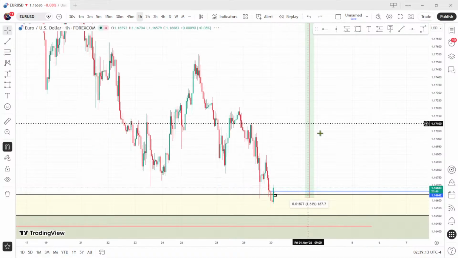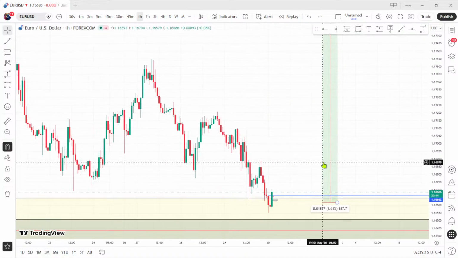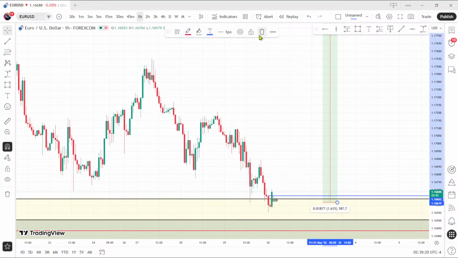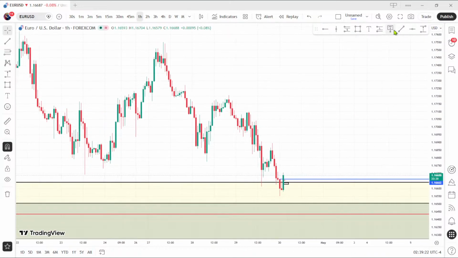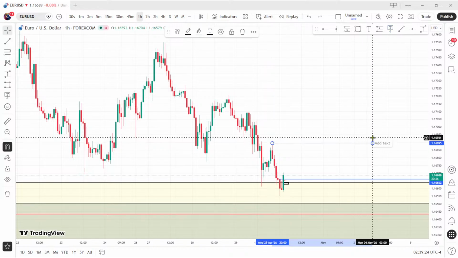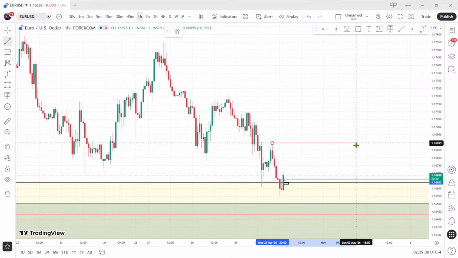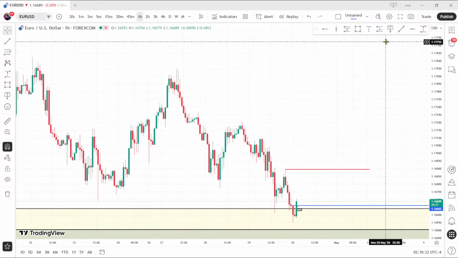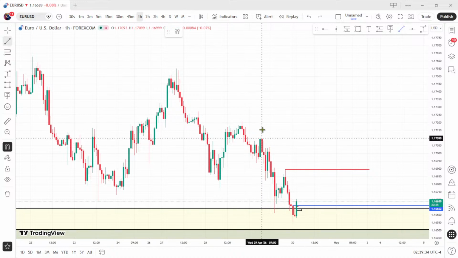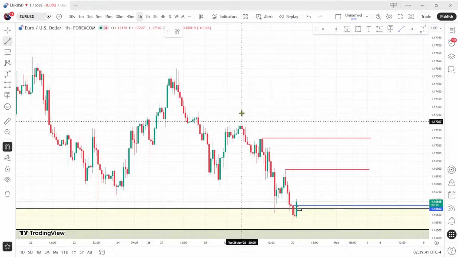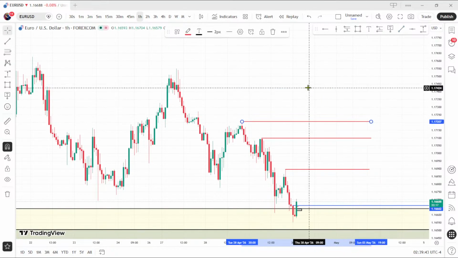I'll go to the early and mark the liquidity points that I want to see price reaching. It's a first liquidity there. Oh, what did I do? First liquidity, second liquidity, third.